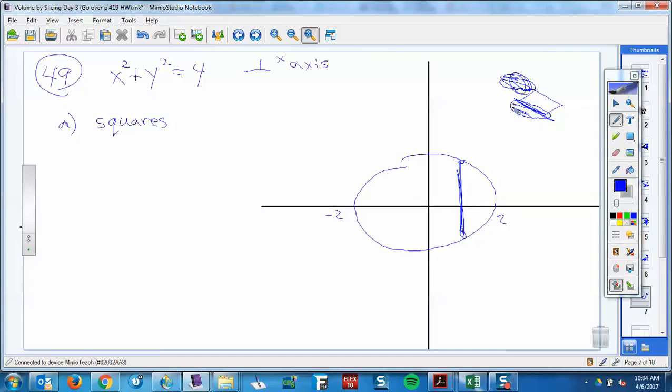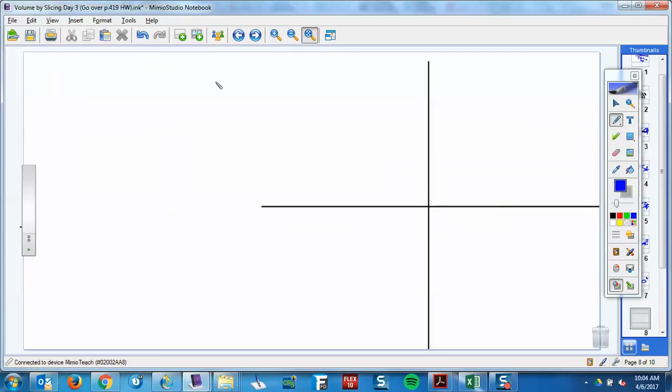Here would be a much smaller one. Or right through here, you have a smaller strip, so it's going to be a smaller square.